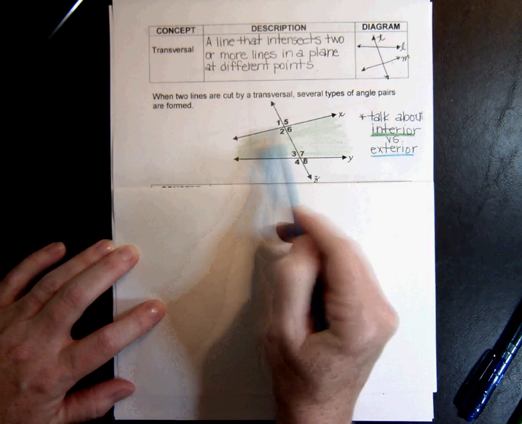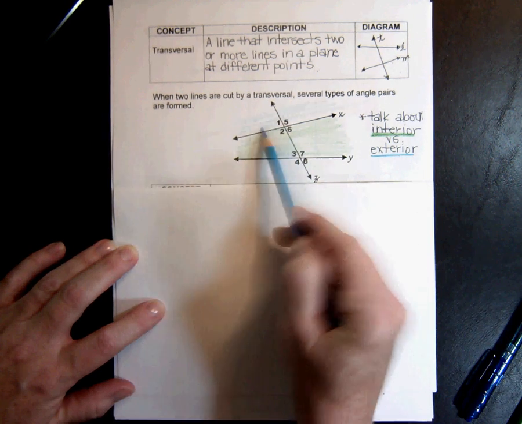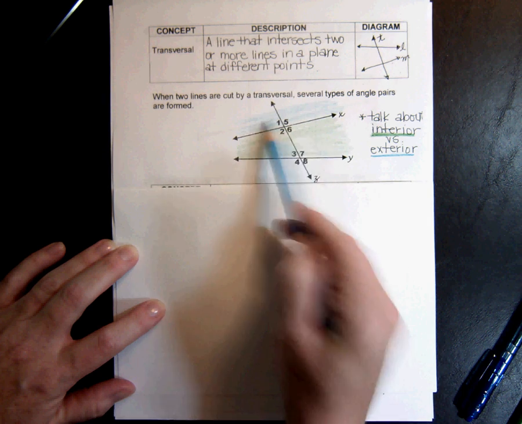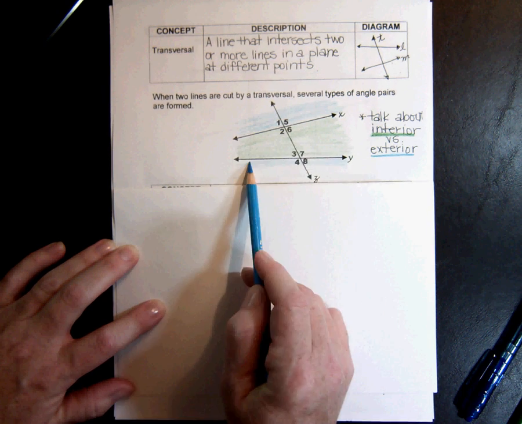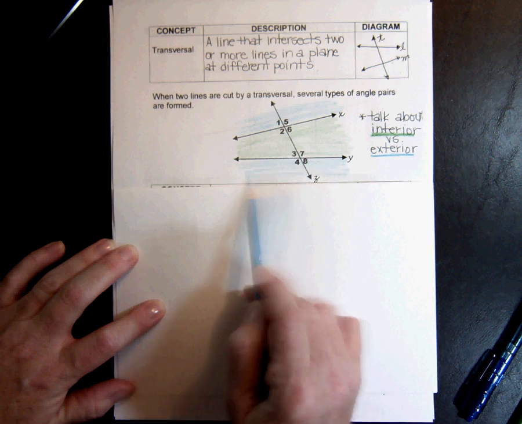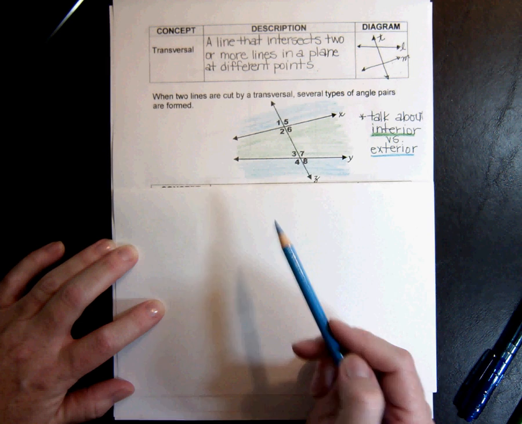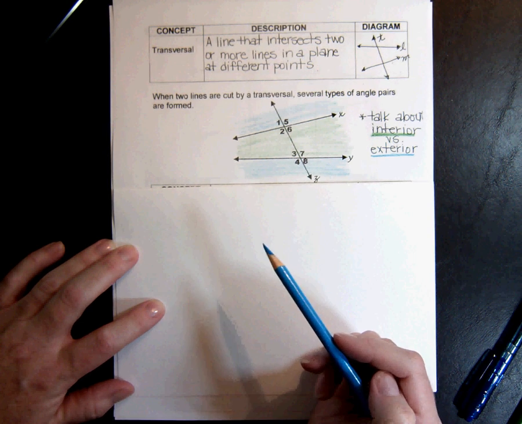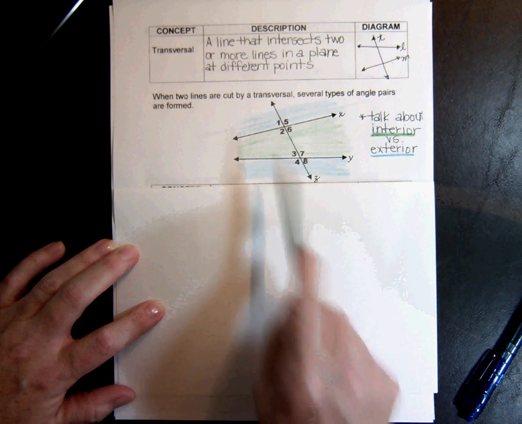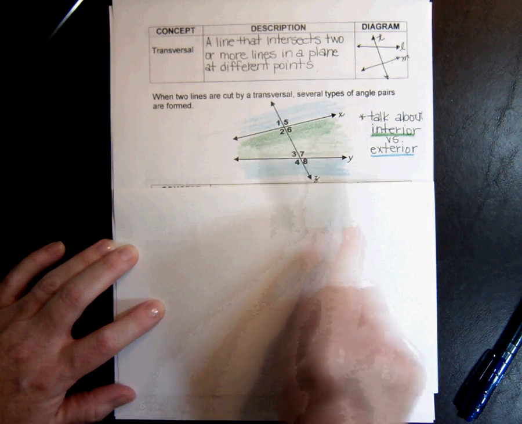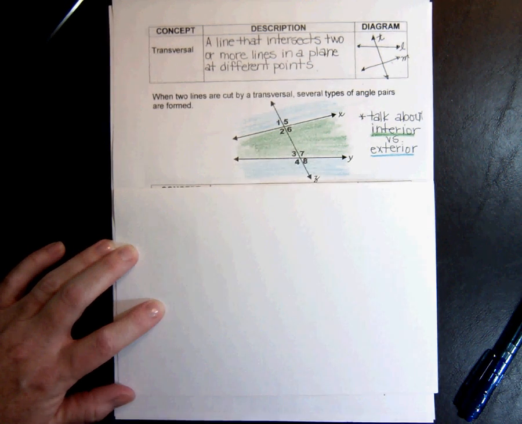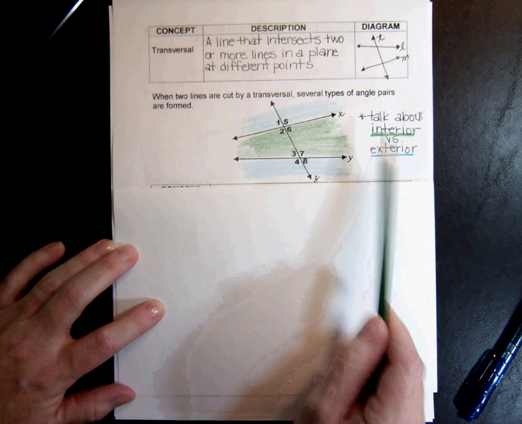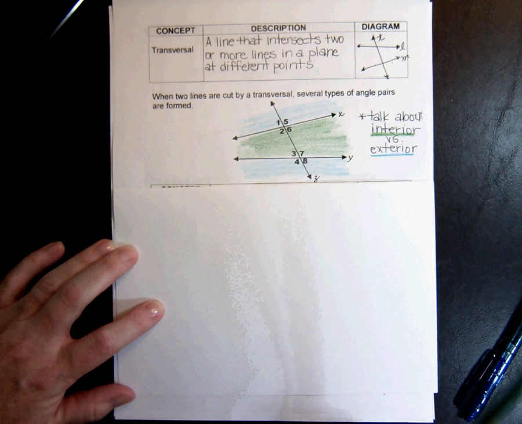So we'll shade those blue. This is the outside, and this is the outside. Sorry, this paper seems to shake. I hope that's easy enough to see the difference in color. Make this a little darker. There's your green. The green is the interior, the exterior is the blue.